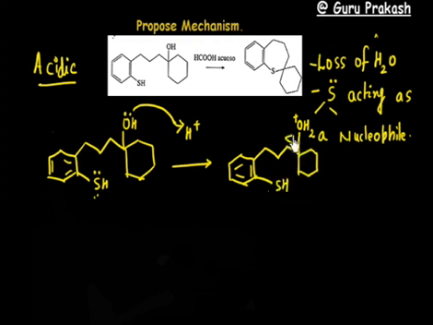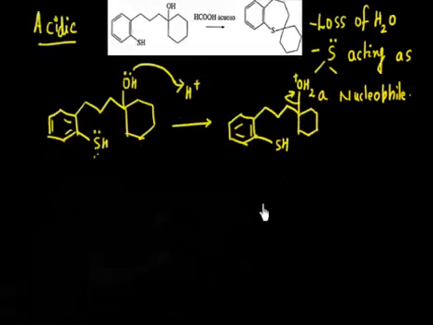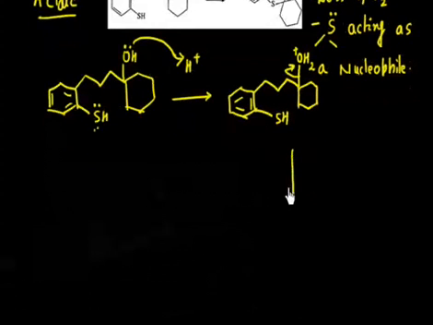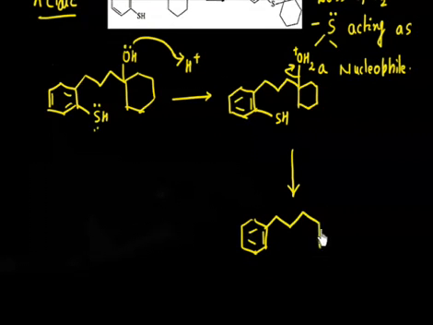And now if you lose H2O plus, what will you have? If you lose H2O plus, you will have a benzene ring, and then you have this compound plus and then sulfur SH.